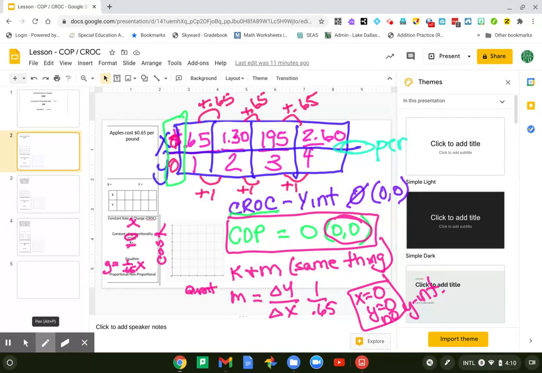So that means for every 1, 65 cents. So if I bought 0, I'm going to spend 0. And then I could draw my graph. For 2, it's $1. I can just plot my points on the graph. This goes through 0, 0, and that's how you know it's a constant of proportionality.